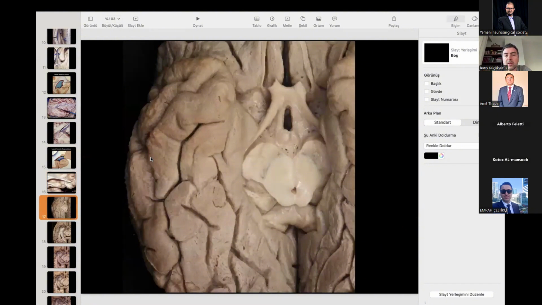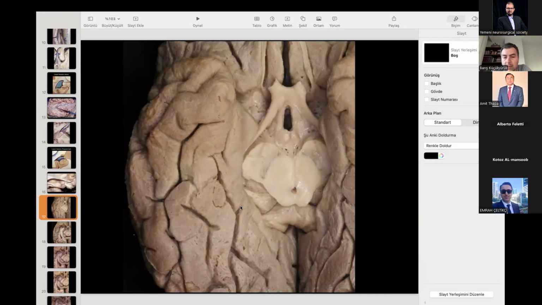Let's see from the inferior view. As I said, this is the temporal lobe, this is the temporal pole. Mesially, there is the uncus. In the anterior segment of the uncus, there is the amygdala. We'll see it later. And in the posterior segment of the uncus, there is the hippocampus.